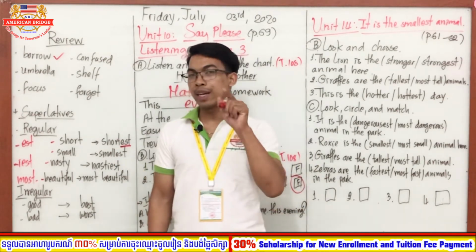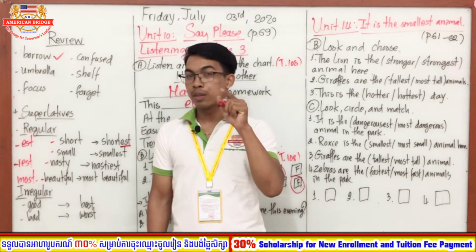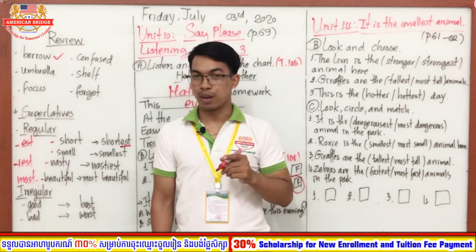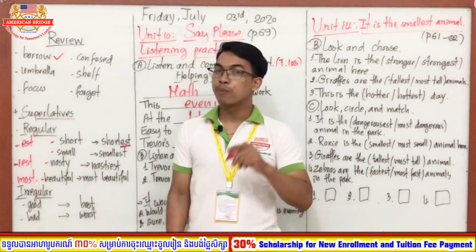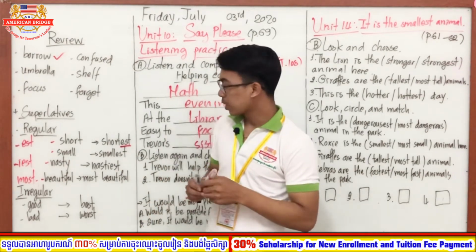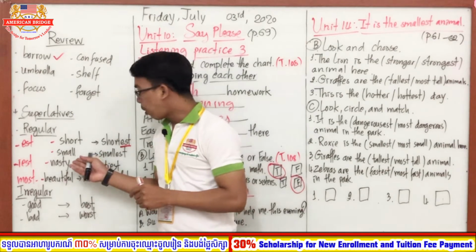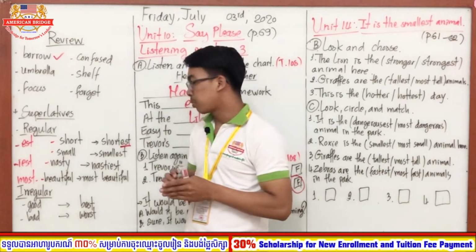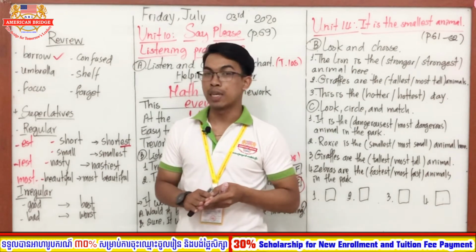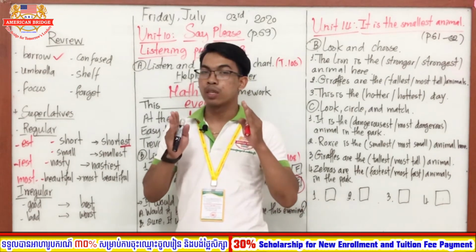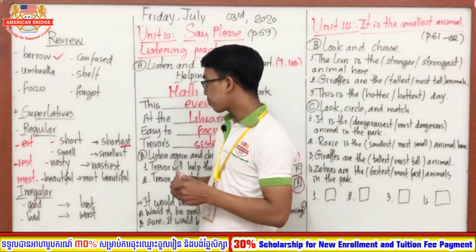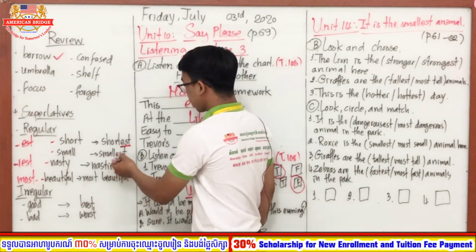In the comparative adjective, we add er, shorter, and in the superlative adjective, shortest. Small is one syllable too, so adding est, it becomes smallest.